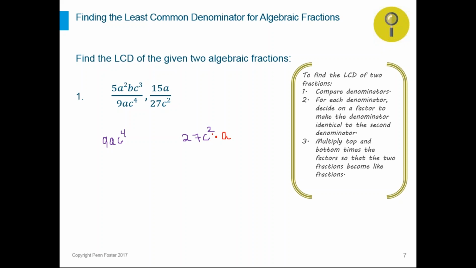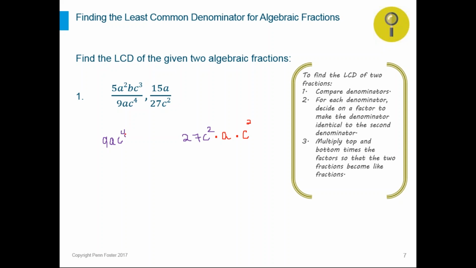So I multiply the second denominator times another c to the second. And if you multiply c to the second times c to the second, remember when we multiply the same variables with different exponents, you add the exponents. So 2 and 2 is 4, and that will bring you back to the c to the fourth that appears in the first denominator.